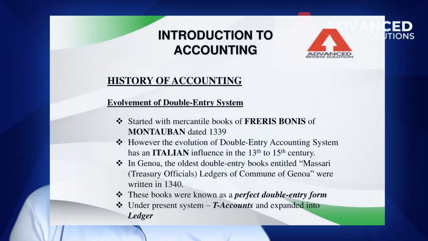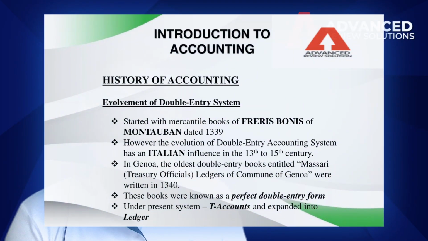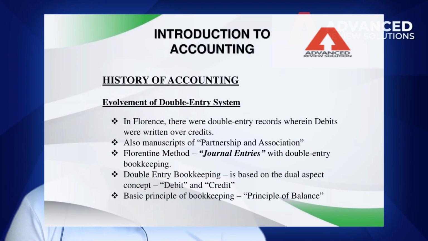And also, class, if you notice, under this present system, there would be T accounts, and expanded also with our ledger. Yan. Also, the involvement of the double entry system in Florence. Again, as discussed a while ago, there would be debit and credits, and also the manuscript in terms of the partnership and corporation. Okay? And also, very important is all about your journal entries.